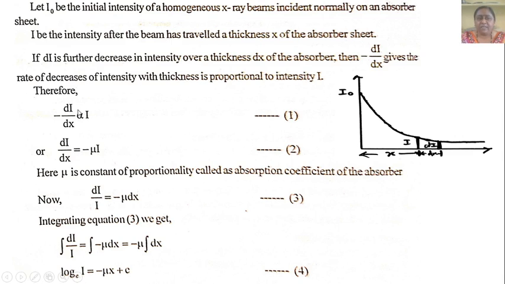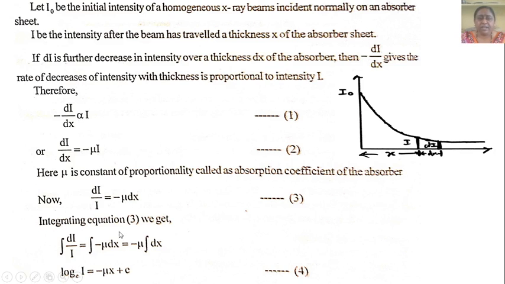Therefore minus dI upon dx is directly proportional to intensity I, and dI by dx equal to minus mu into I, where mu is the proportionality constant and it is called the absorption coefficient of the absorber. Now dI upon I equal to minus mu into dx.